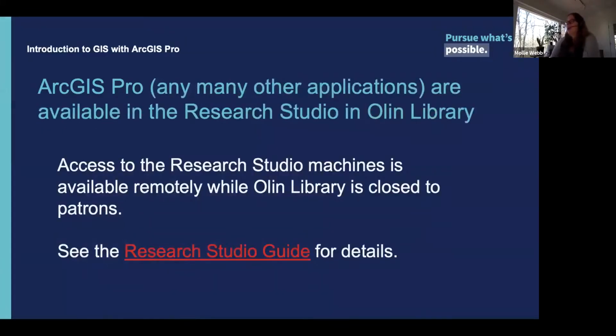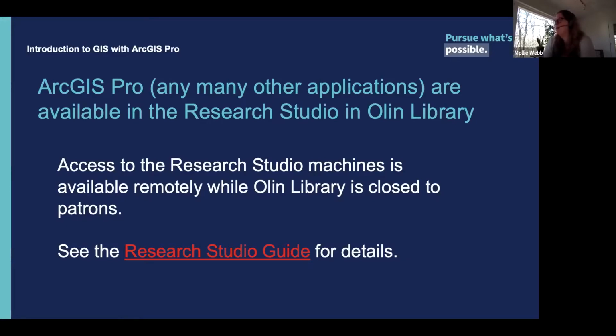As you probably are already aware, in terms of Esri products, they are Windows only. So if you do not wish to install ArcGIS Pro on your own machine, or perhaps you're a Mac user, you can also access ArcGIS Pro as well as many other GIS applications and other analysis-related applications in the Research Studio in Olin Library.